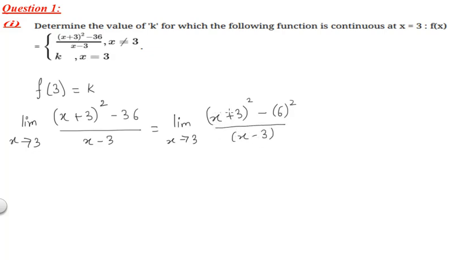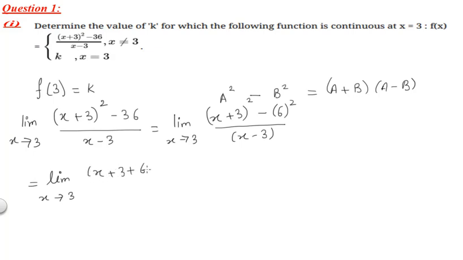Now as you can see, here we have a square minus b square. Using the identity of a square minus b square, which is (a plus b)(a minus b), the expression becomes limit x tending to 3, we will write a, which is x plus 3, plus b, which is 6, times a minus b, divided by x minus 3.